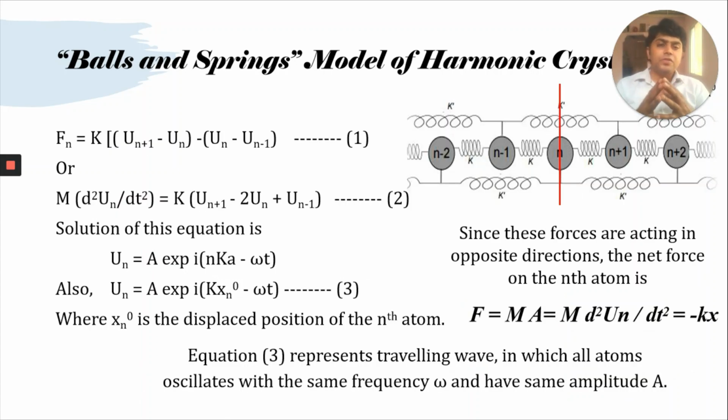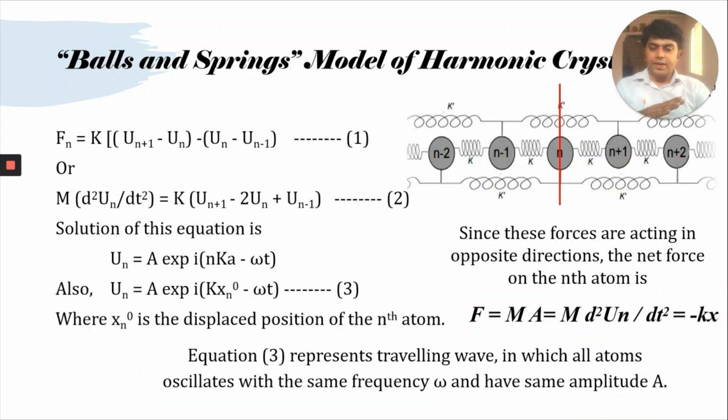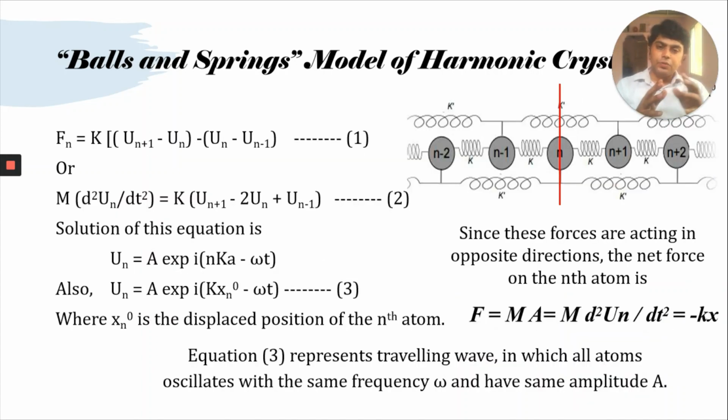I can make use of the entire term f equal to k times (un plus 1 minus un). This is towards the right side of the parent atom, and towards the left side, (un minus un minus 1). So that is the total force which has been considered for this case.